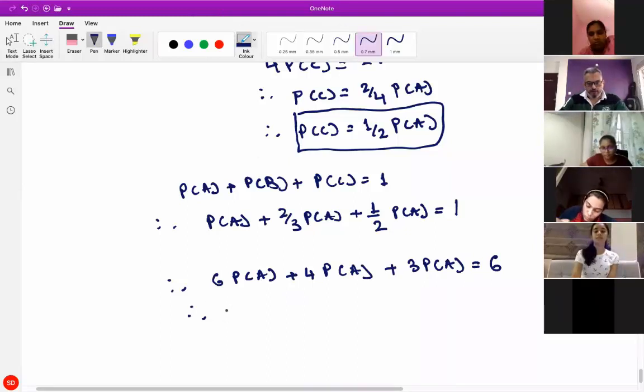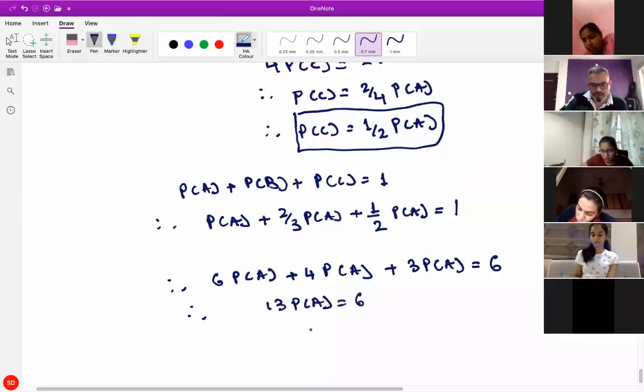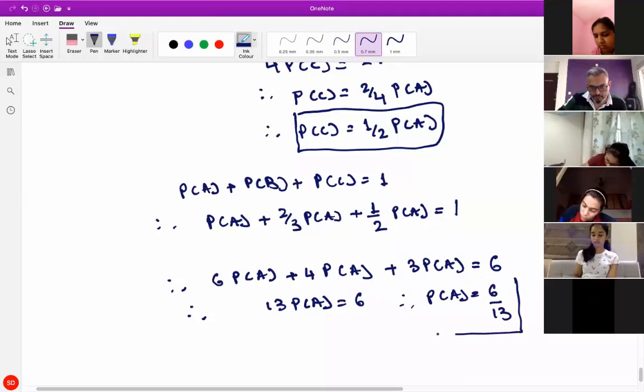So therefore, 6 and 4 is 10 and 3 is 13, so 13 P of A is equal to 6. Therefore, probability of A is equal to 6 by 13. So we got probability of A.